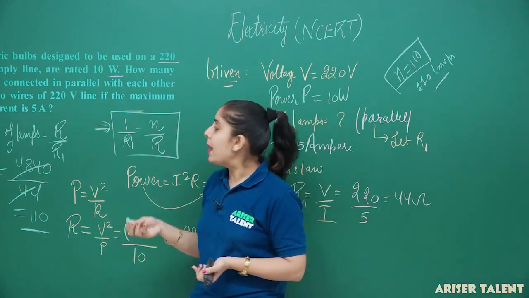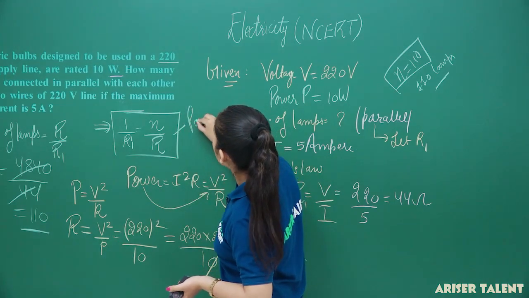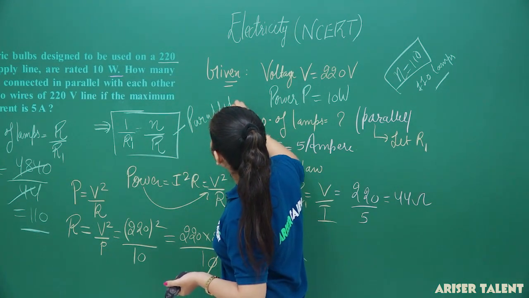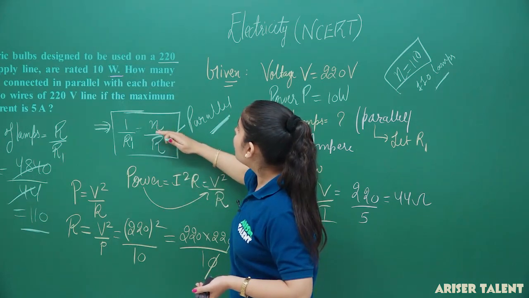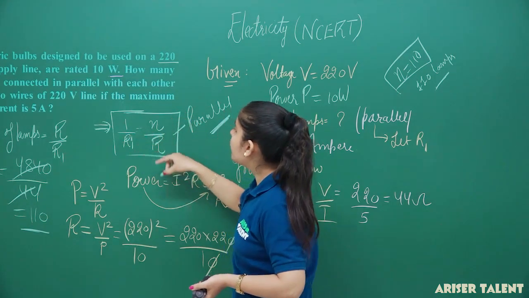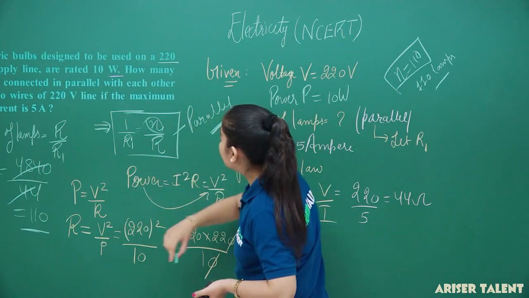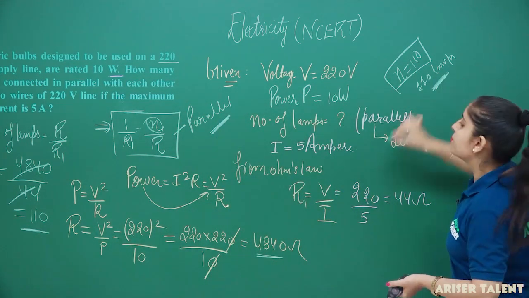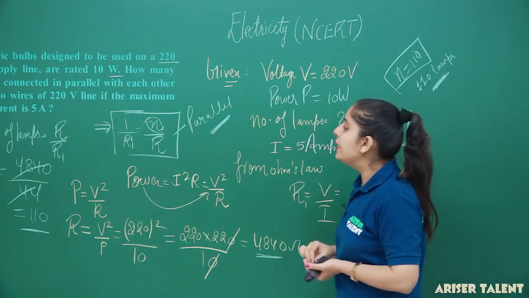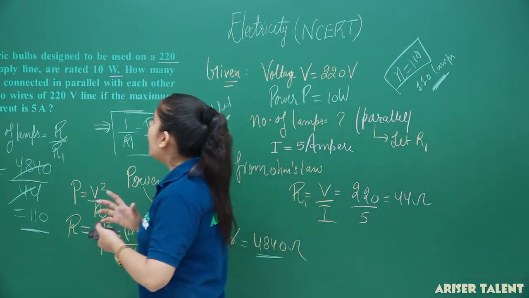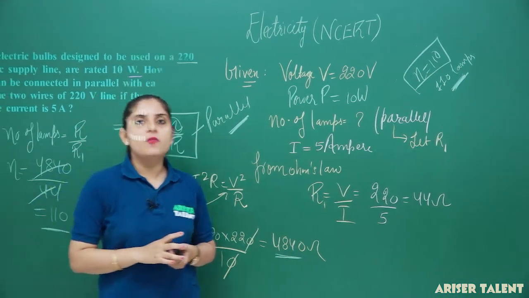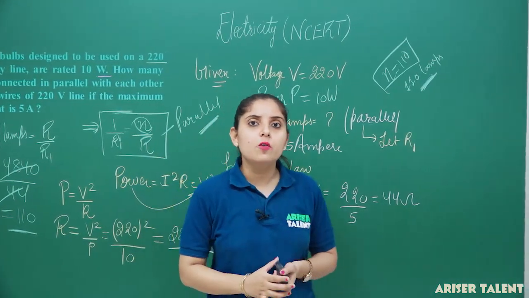So for the parallel combination we have the formula, and on substituting the values of R1 and R, we get the number of lamps, that came out to be 110. So 110 lamps are needed for getting the allowable current in the circuit, that is 5 ampere. So this is the solution of this problem.